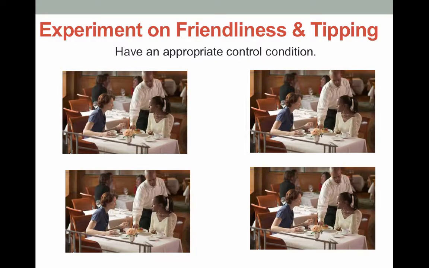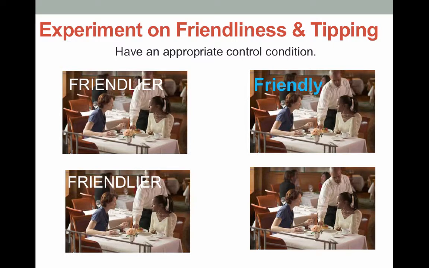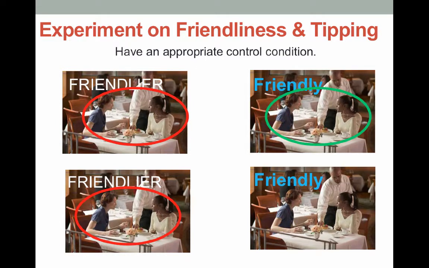So how could an experiment on friendliness and tipping work? For instance, we could have a waiter be friendlier to every alternate party of customers. Those customers would be the experimental group. The remaining customers would receive the normal amount of friendliness and would be referred to as the control group.